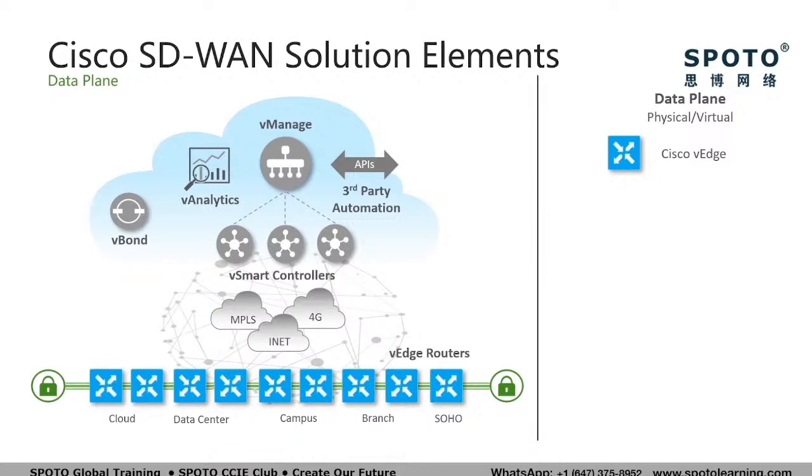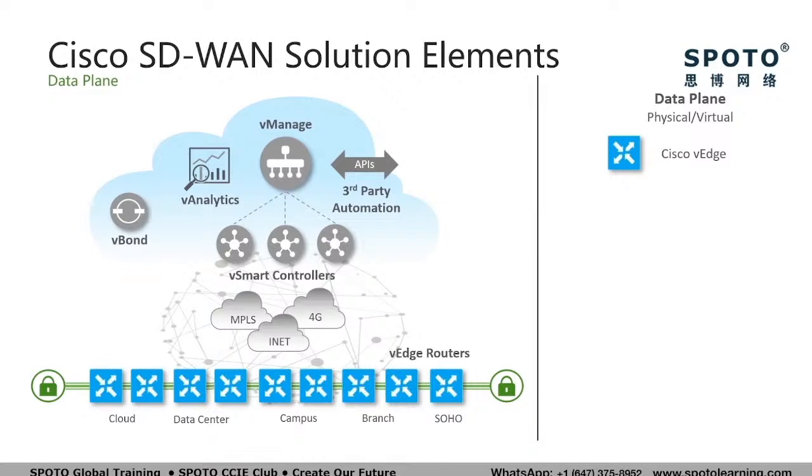vEdge routers can be brought online in a full zero-touch deployment fashion or by requiring administrative approval. Zero-touch deployment relies on the use of signed certificates installed in the onboard tamper-proof module, the TPM, to establish unique router identity. vEdge routers are delivered in both physical or virtual form factors.